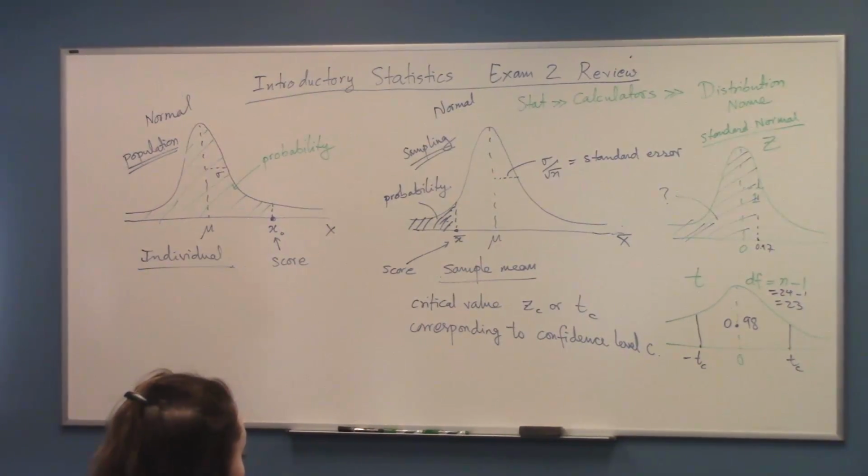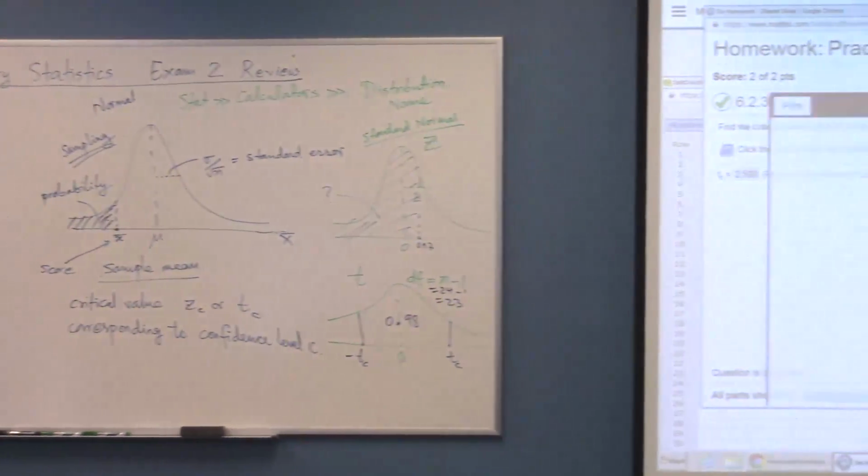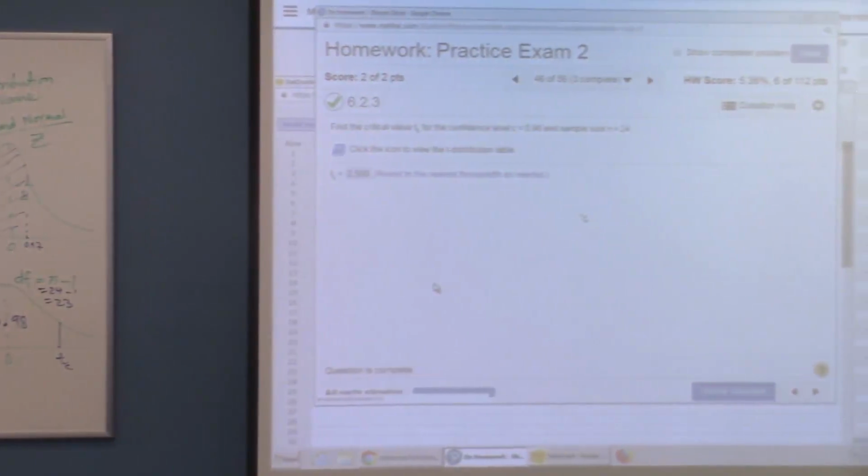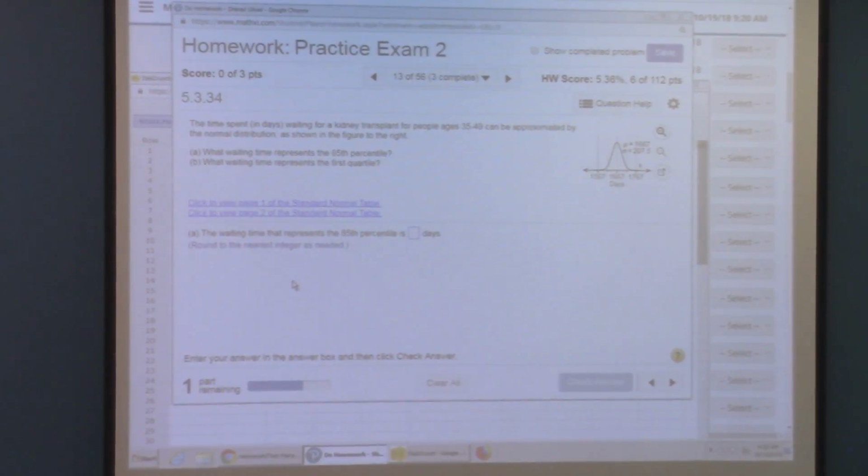Let's see, number 13. Okay. All right, look at this question here. The time spent waiting for a kidney transplant for people ages 35 to 49 can be approximated by the normal distribution as shown in the figure to the right. What waiting time represents the 85th percentile, right?